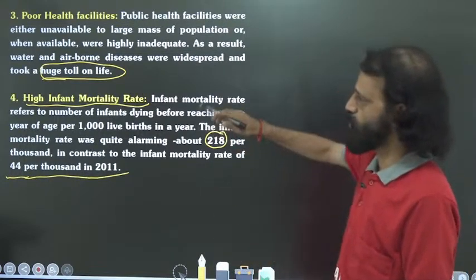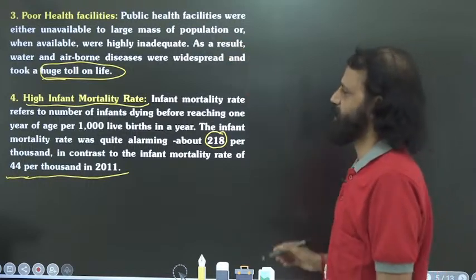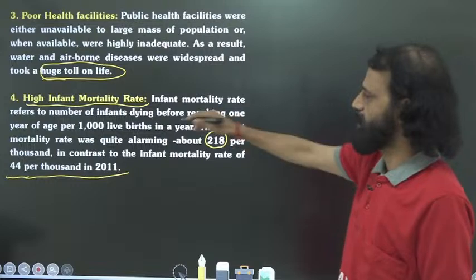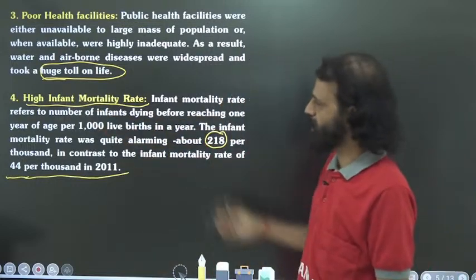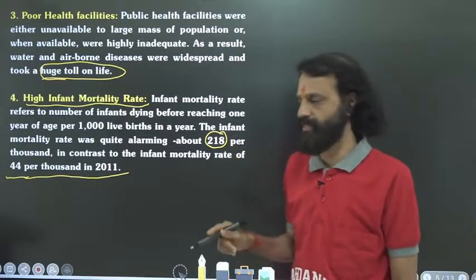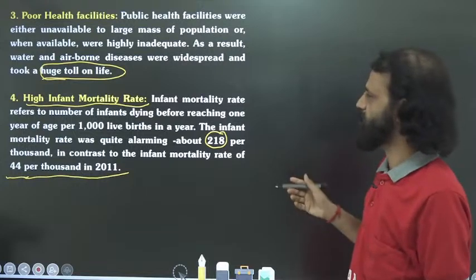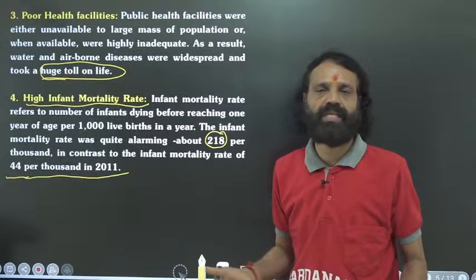So these 2 points you need to remember. One is poor health facilities. Another one is the high infant mortality rate. There were no proper health facilities.